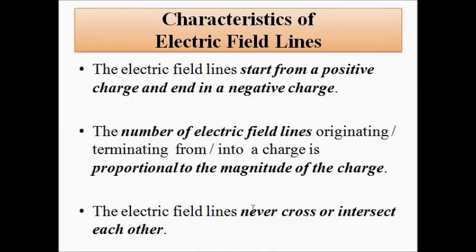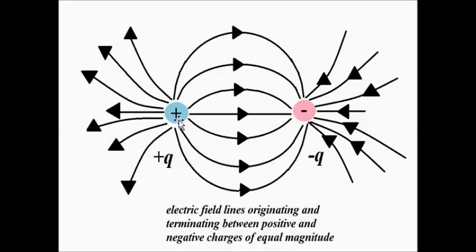Another important thing, the third property: electric field lines never intersect each other, they never cross each other. So let us try to understand that property. As you can see here, we have two charges, plus and minus, both with the same magnitude, only opposite signs.